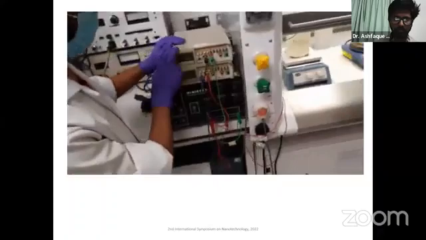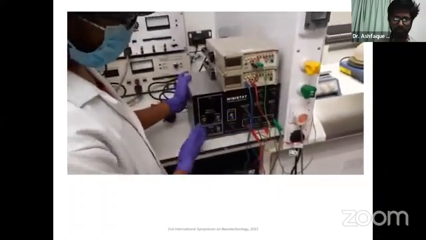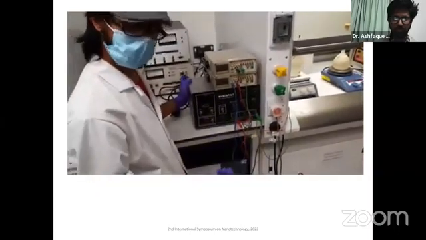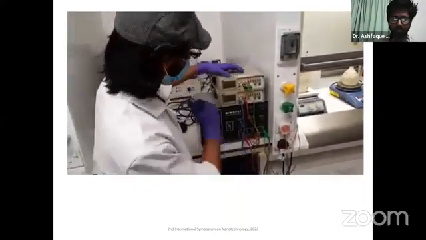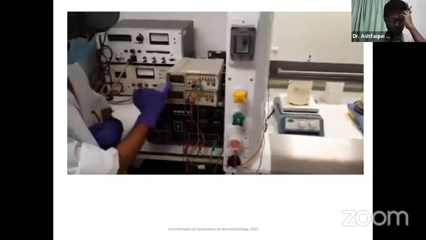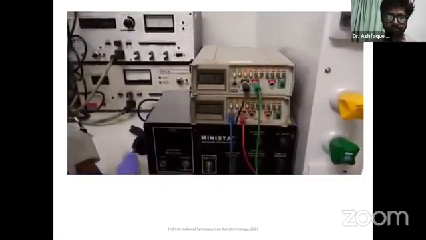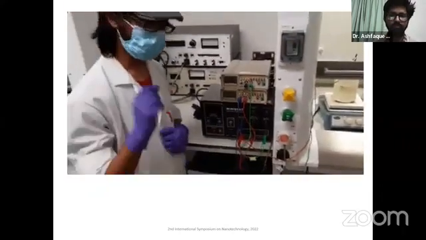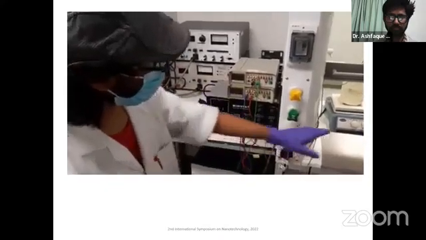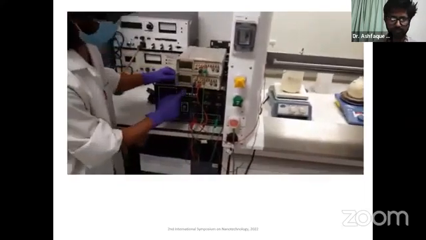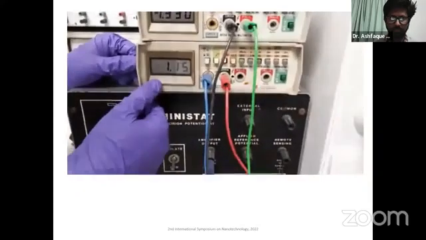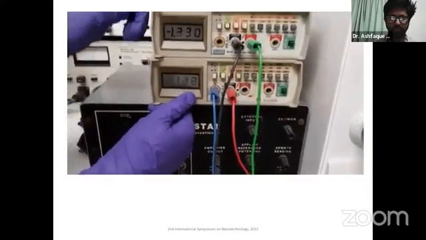Here, this system, we call it a potentiostat. Its main work is supplying a voltage and measuring the current due to the supplied voltage. The voltage we are going to supply is minus 1.330, which is 1330 millivolts. It's a very small voltage, and the moment we put that in, this ammeter measures the current due to the applied voltage.